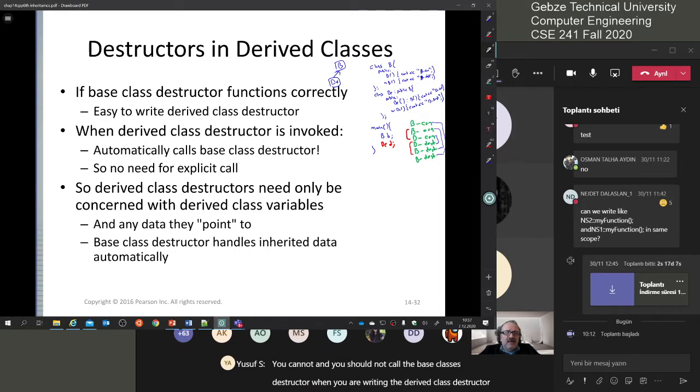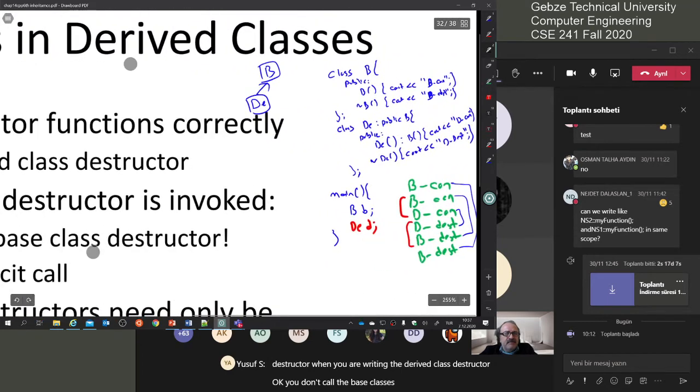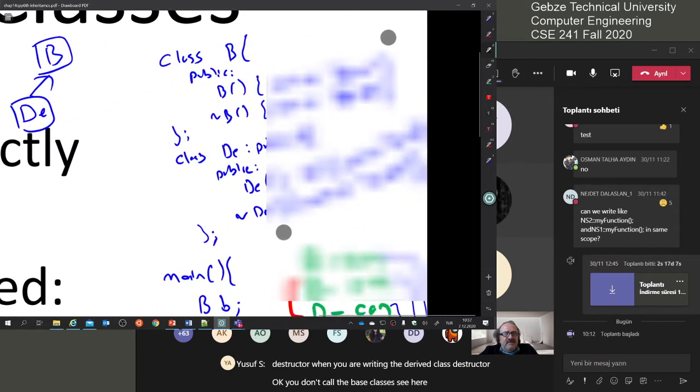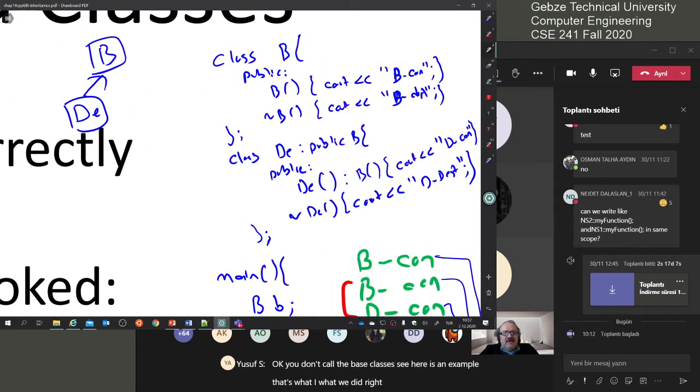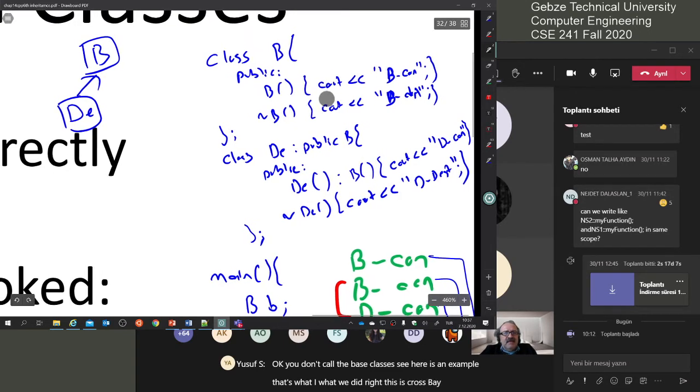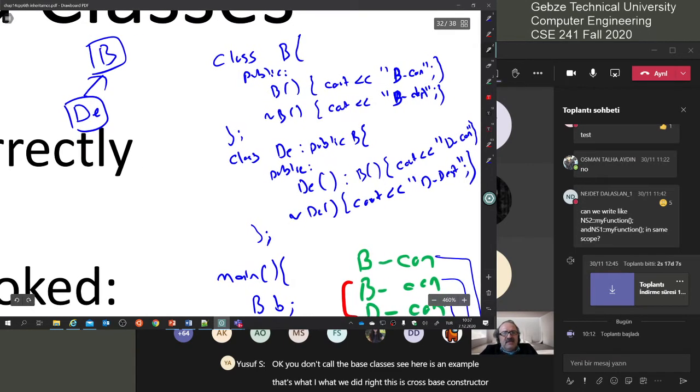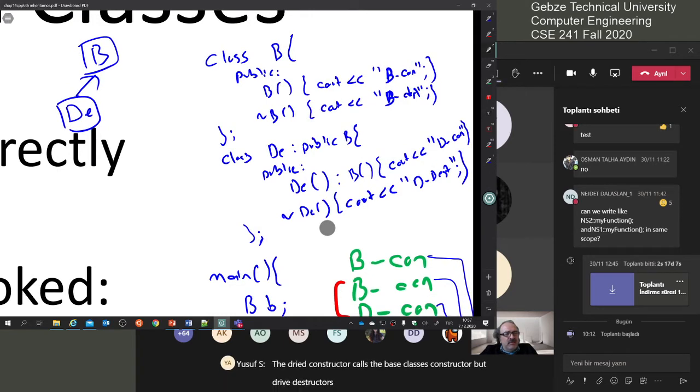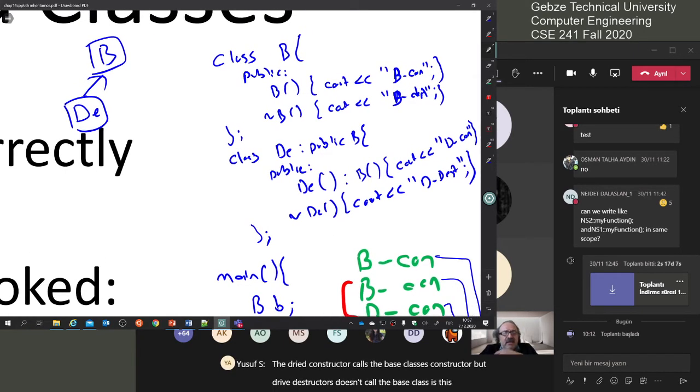Here's an example. That's what we did, right? This is the class base constructor and destructor. This is class derived. The derived constructor calls the base class's constructor, but the derived destructor doesn't call the base class's destructor, and you cannot actually.